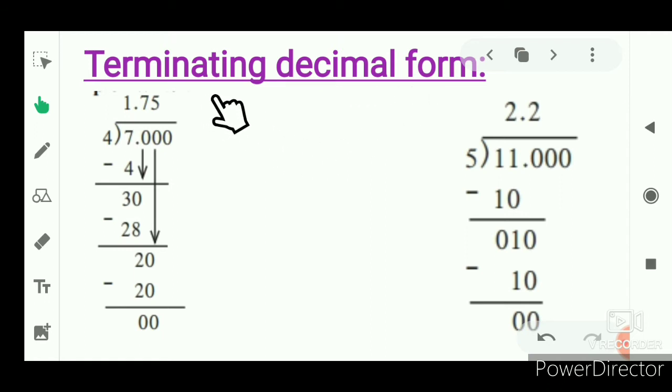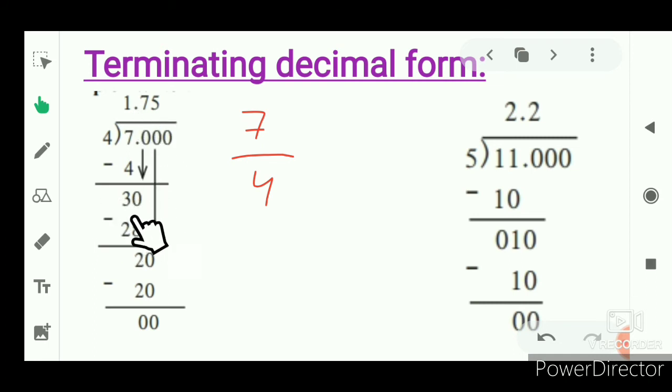Terminating means that it is terminated, or completed, or finished. Let's take one example, 7 by 4, that we have already taken. 7 by 4 is a rational number, and if we are taking its decimal form, then we just divide 7 by 4. Then 4 ones are 4. Then we will take a point.